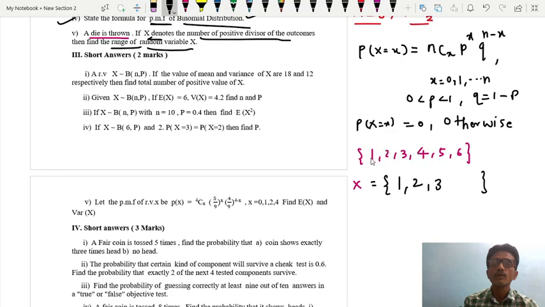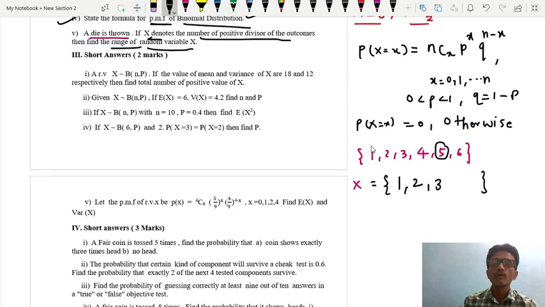What are the divisors of 3? 1 and 3, so 2. 4 has divisors 1, 2 and 4, so 3 divisors. Divisors of 5 are 1 and 5, so 2.